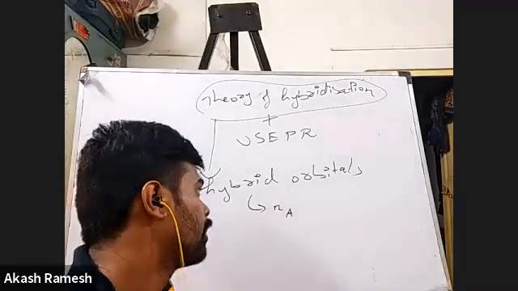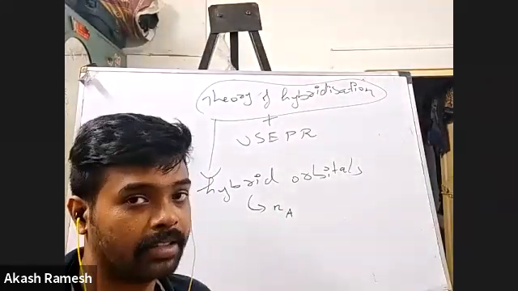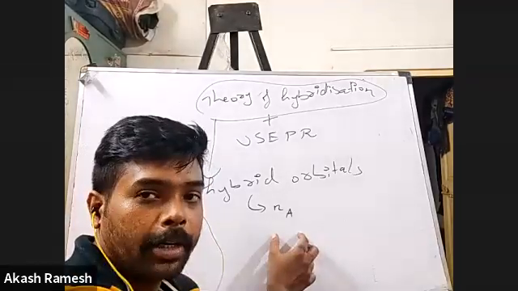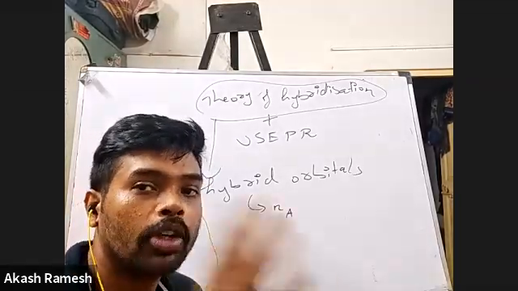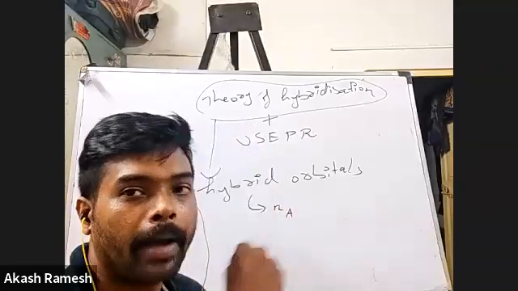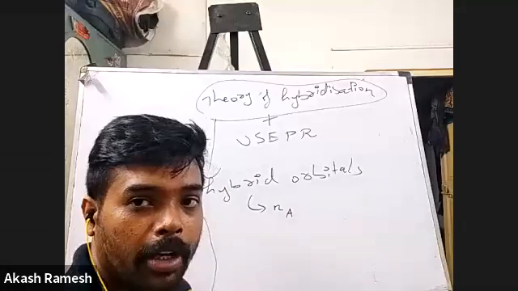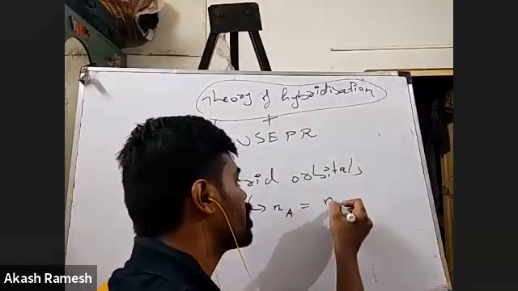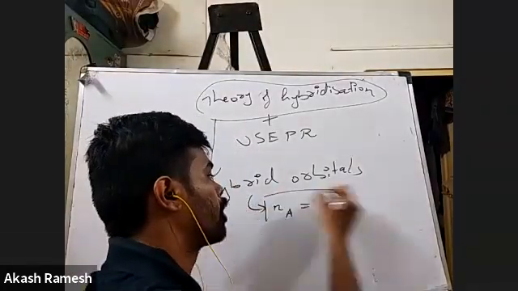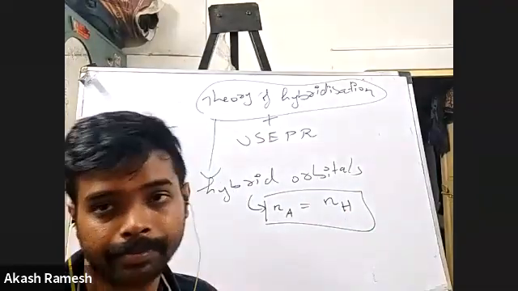Okay. So the first point regarding hybrid orbitals is the number of atomic orbitals combining. Obviously, I told you many atomic orbitals have to combine together to form the hybrid orbitals. So the number of atomic orbitals combining should be equal to the number of hybrid orbitals formed, right?